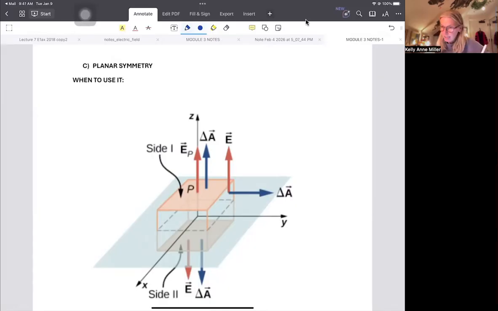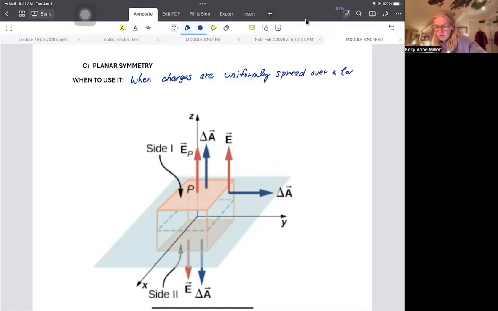So you use it when the charges are uniformly spread over a large flat surface.